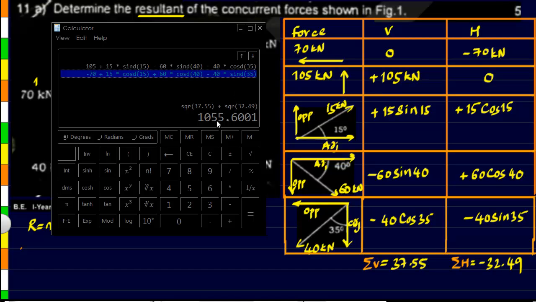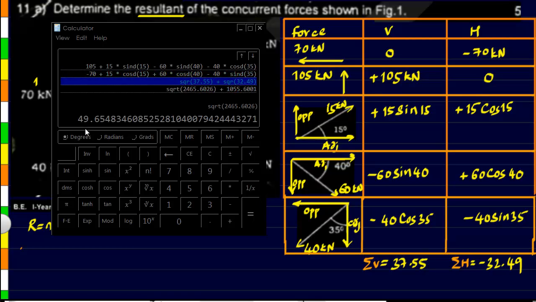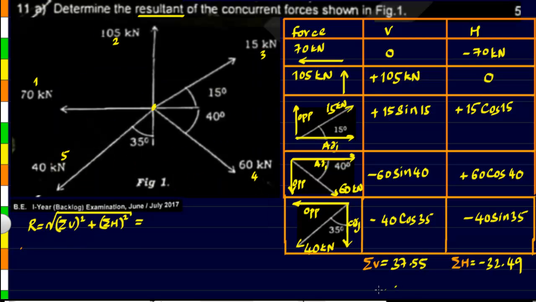And for this value I have to take the square root. So that gives us 49.65. Of course, in the question the unit has been given as kilonewtons, so we'll have to take the same. So this here is the magnitude of the resultant.